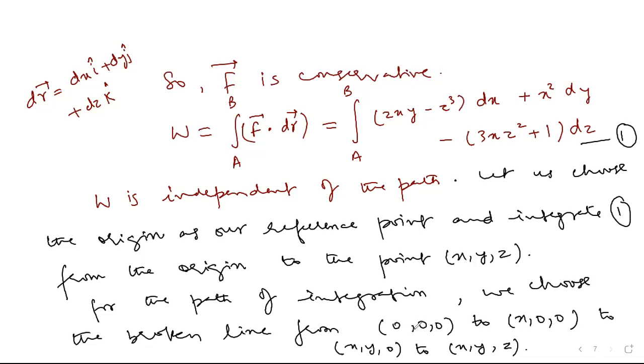So first we move from 0, 0, 0 to this. Then we move from x, 0, 0 to x, y, 0. Then from x, y, 0 to x, y, z. Let us do the calculation.